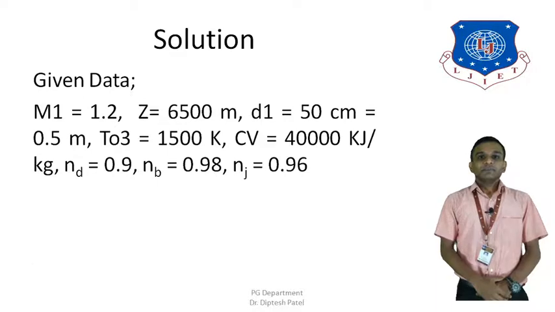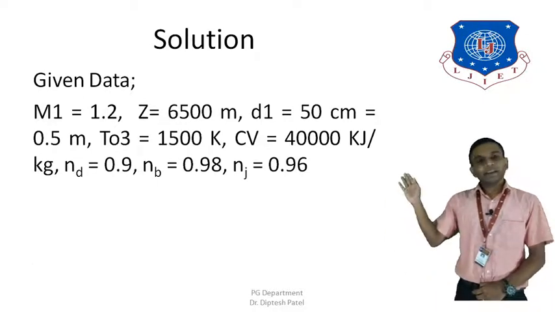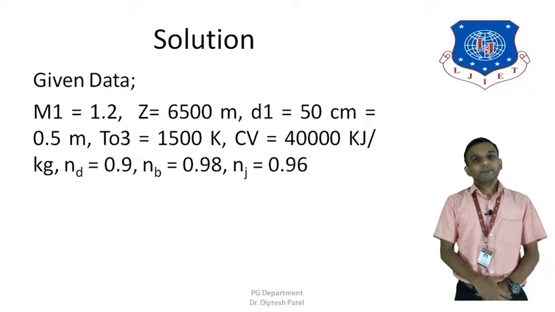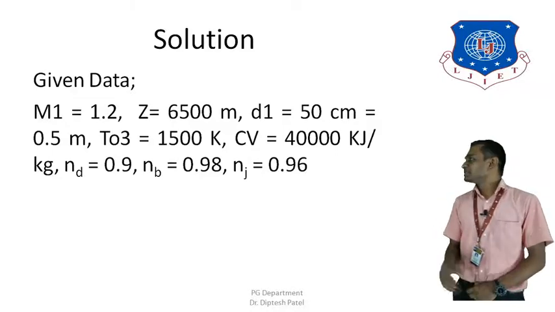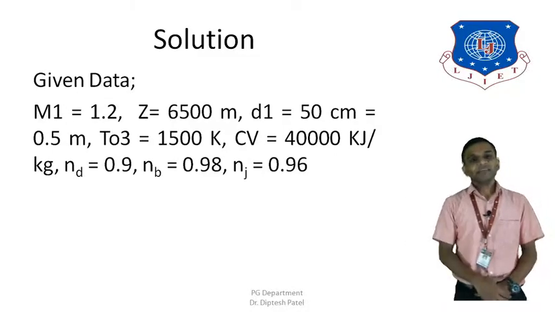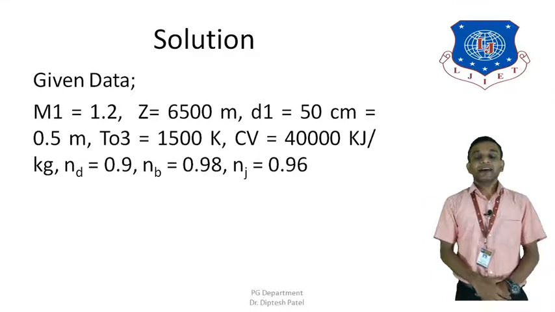Okay, so let's revise with the given data. Inlet Mach number M1 is 1.2, elevation or altitude Z is equal to 6500 meter. D1, the diameter of the diffuser at the inlet, is 50 centimeter, and we can take it as 0.5 meter. Then the stagnation temperature at the inlet of the nozzle, T03, is 1500 Kelvin. Calorific value CV is 40,000 kilojoule per kilogram, which we have converted into kilojoule.